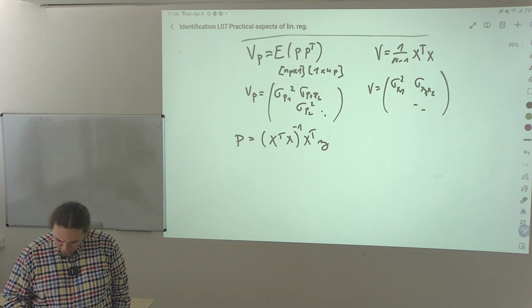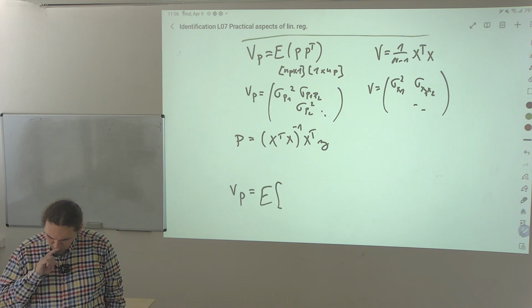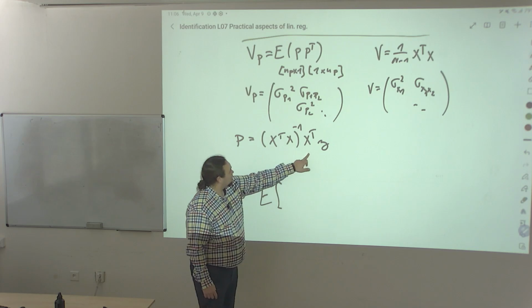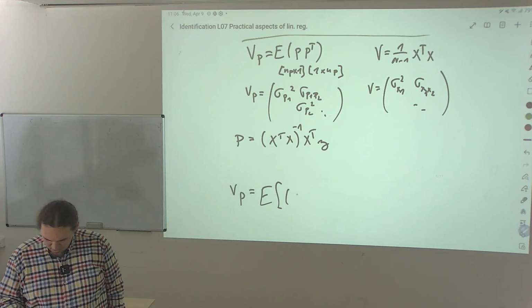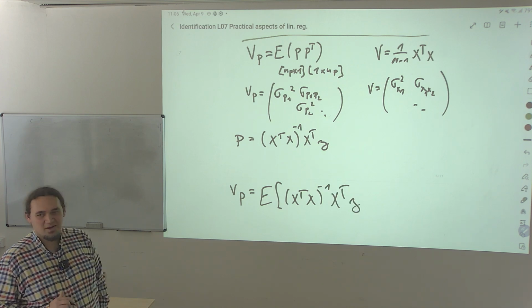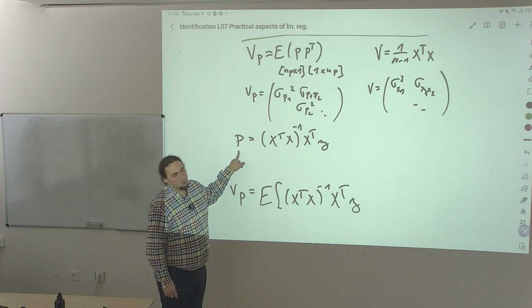So let's plug it in. Our VP is the expectation of our parameter P. Now we use the definition: X transpose X inverse X transpose y. Good. And now we use the transpose of P.